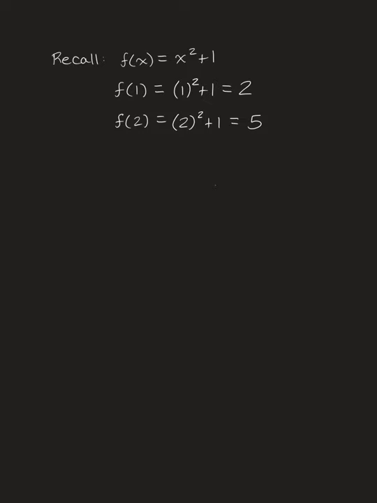So what would happen if I plugged in 2x inside those parentheses? Now, normally where I would have my x, I'm now going to substitute 2x. Okay? So if I simplify that, I would get 4x squared plus 1.